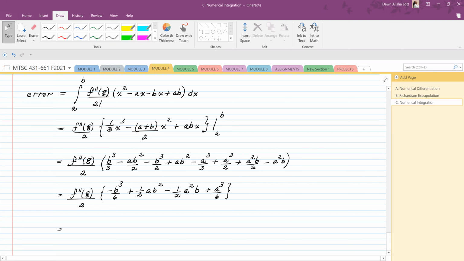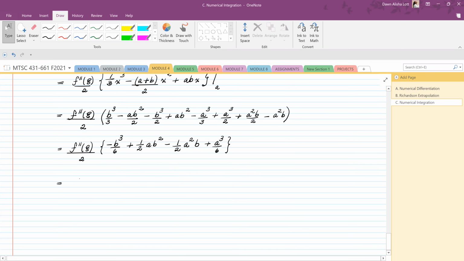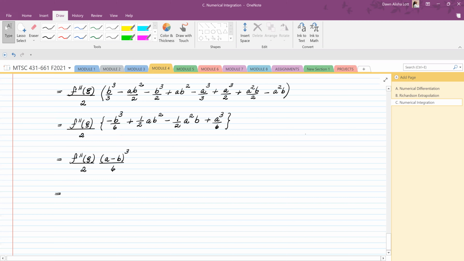It turns out to be f double prime at c over 2 times a minus b cubed over 6. So now we have a nice closed form for the error. It is minus f double prime of c over 12, b minus a cubed.